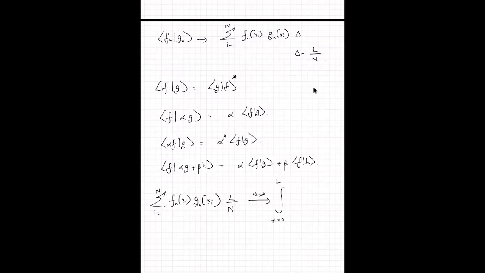Now Fn of xi simply becomes some function of x, because there is no i anymore, because there is an infinite number of i's. So there is no point keeping track of them. This is again g of x. And what is L divided by n? L divided by n, the delta, the displacement, in the limit that n goes to infinity, becomes an infinitesimal displacement dx.